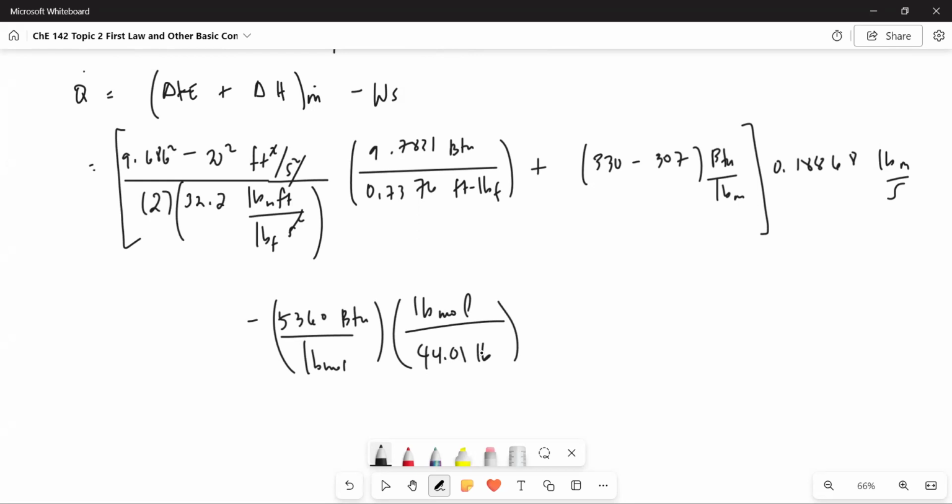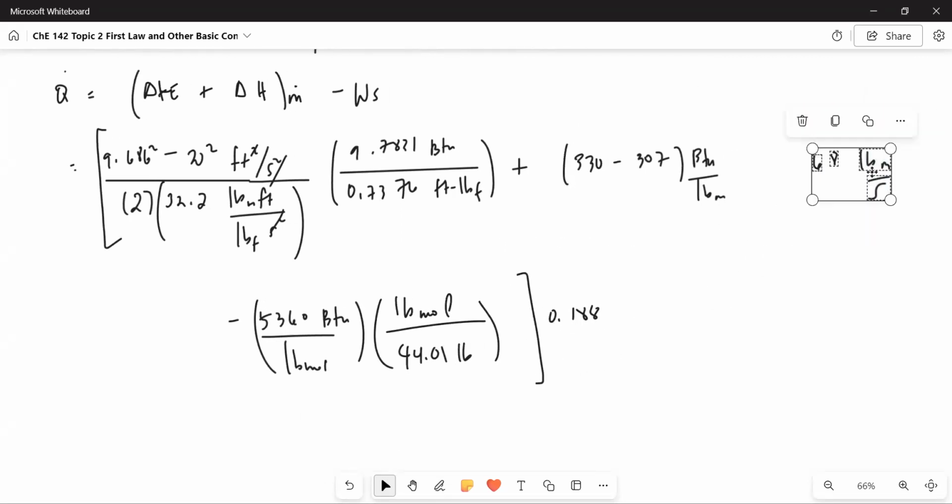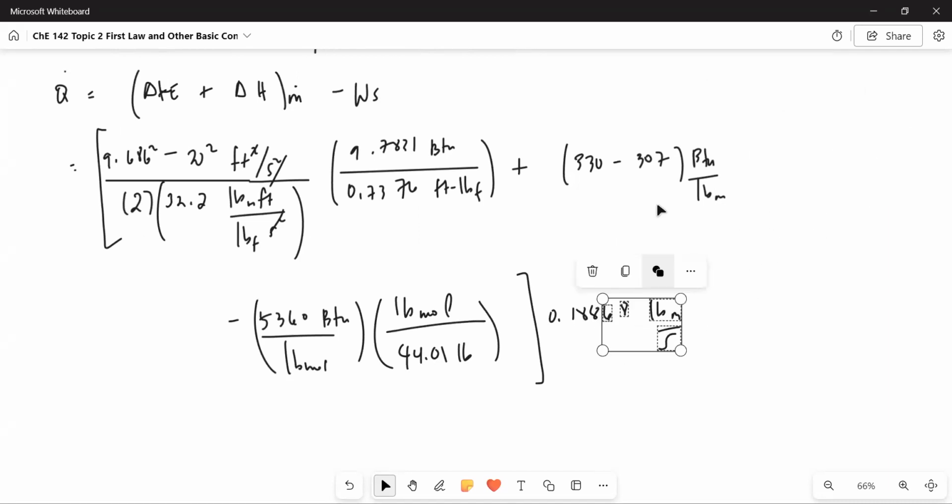So by the way, actually, we can multiply everything with the mass flow rate, because this would be in BTU per pound, just like this one. Okay, this cancels out.